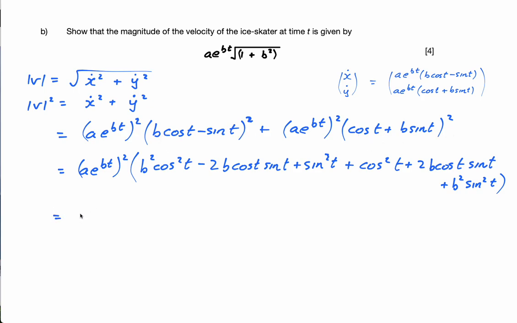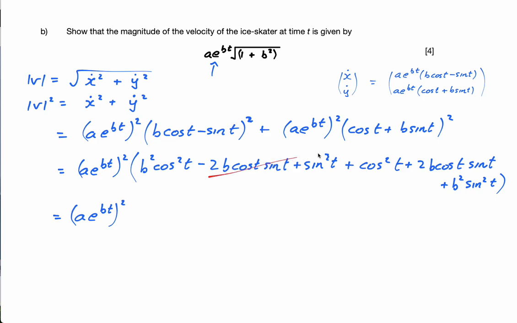Okay, this equals, let's keep my a e to the bt squared there. I like that because when I square root it, I'm going to get this, which is what I want. So I'm only really worried about this. Now, my minus 2b cos t sine t, let's just show you what I'm going to do.